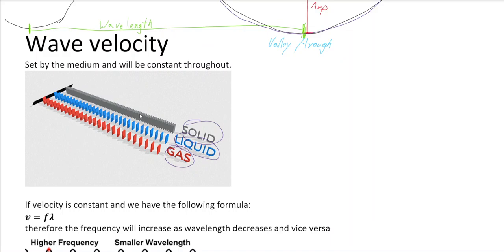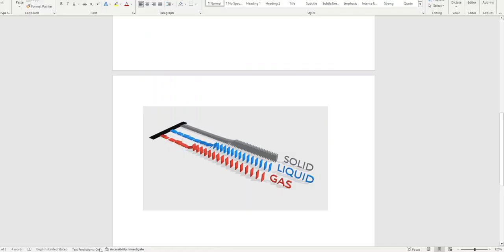If you look at these, you can see a solid has the particles packed closer together, liquid in the middle, and then gas has them more spread out. Based off of this, generally speaking, this rule is true. Which one's faster? Well, solids are faster. So the velocity in a solid is faster than in a liquid or a gas.